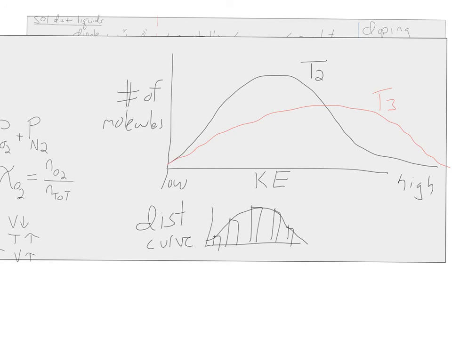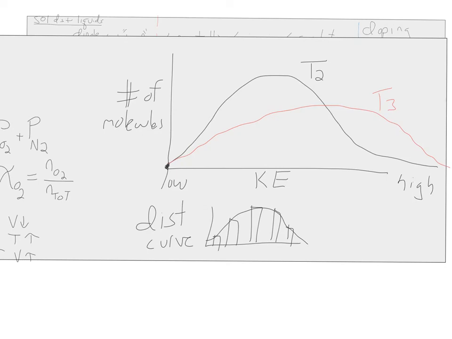Some of them are still moving slow, but you have a much wider distribution. The curve has to go lower in height to have a wider distribution because it's the exact same number of particles. You can't just keep it the same height and shift it. Imagine that this point here were stationary. If you were just pulling that curve over to the right, the peak is going to go down. You can't just keep it the same.